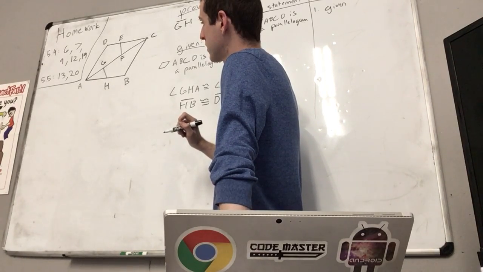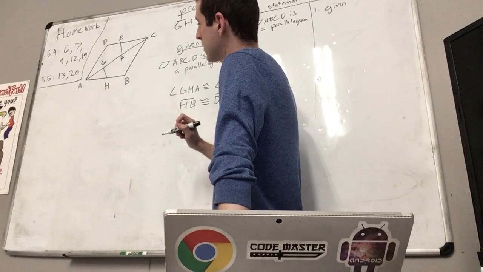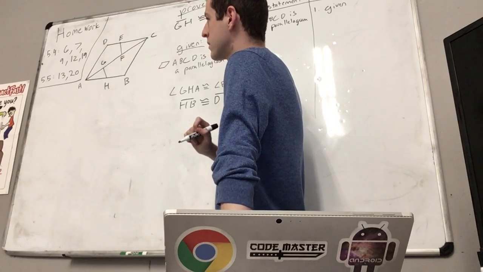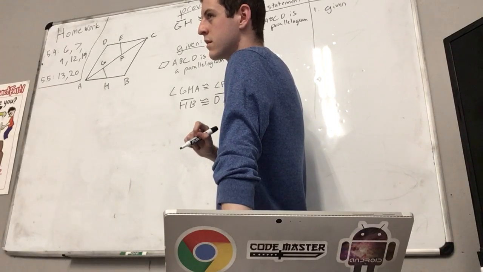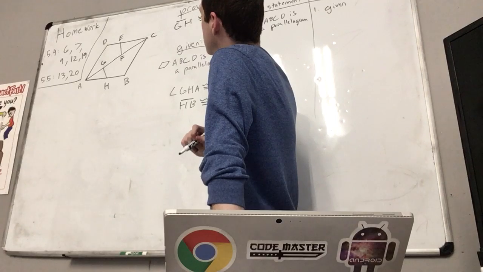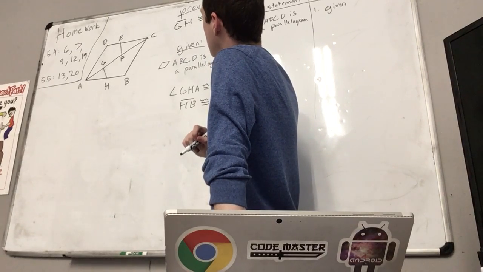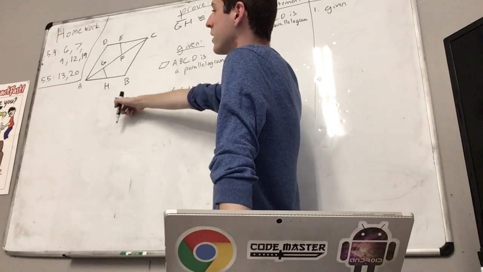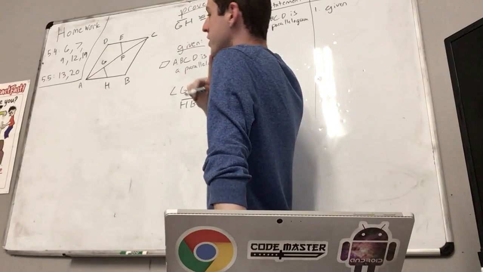Because AB and CD are congruent because they're opposite, and DE and HB are congruent because it's given, HA and EC are congruent.